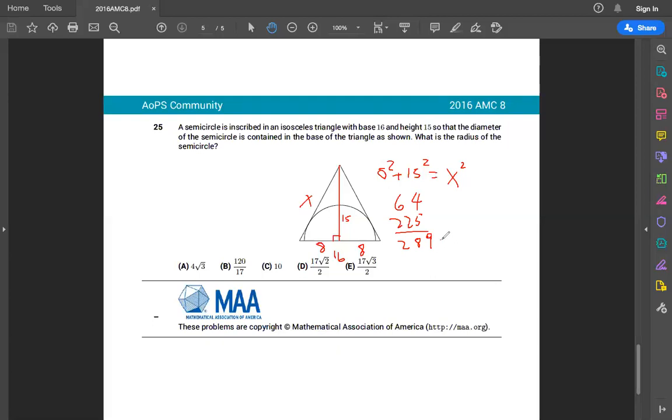And 289 is 17 squared. So this x is actually equal to 17. And to find the radius of the semicircle, we can draw a line like this. So it starts from this middle point and it touches the side here.